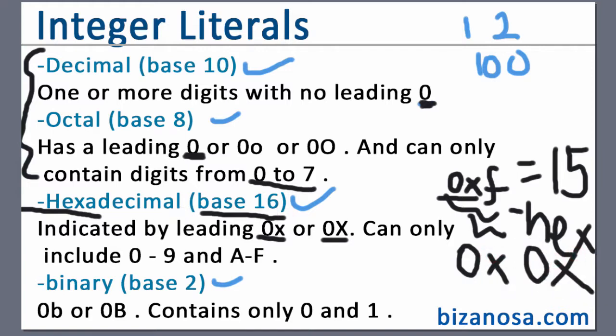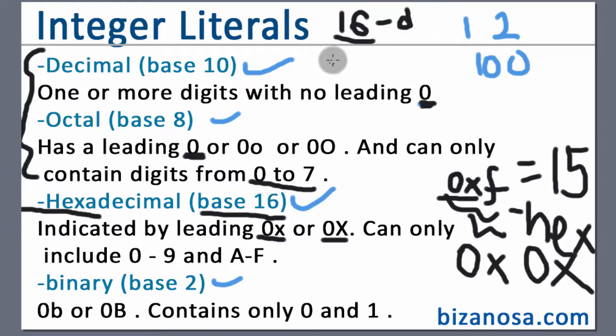Before I go to the browser, we know that hexadecimal numbers have a base of 16. That means there are 16 different digits or characters that can be used to represent any number in a hexadecimal system.